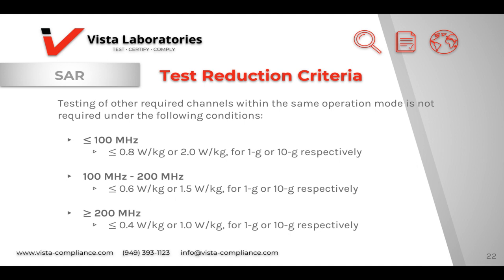And for greater than 200 megahertz, it would have to be lower than 0.4 and 1 watts per kilogram for 1 gram and 10 gram SAR. If any of these are met, then testing of other channels within the same frequency band operating mode is not required.